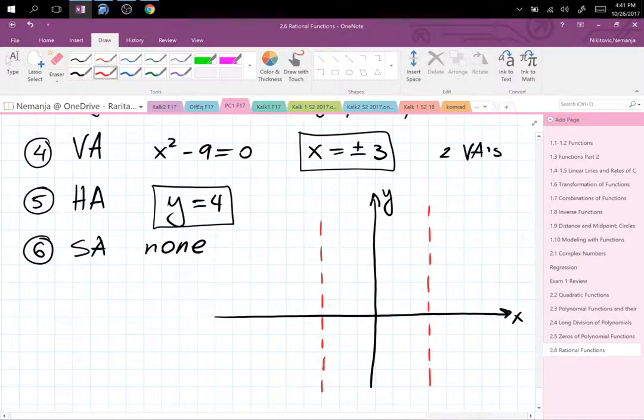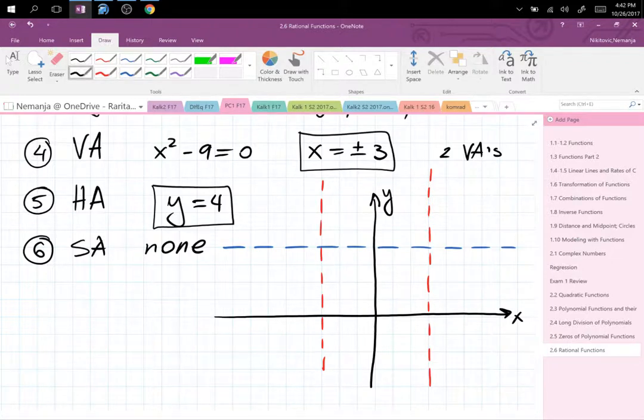So that's that, and then I have the blue one at y equals 4. Perfect. And all I have is a single point, 0, 0. This is all of the information I have.